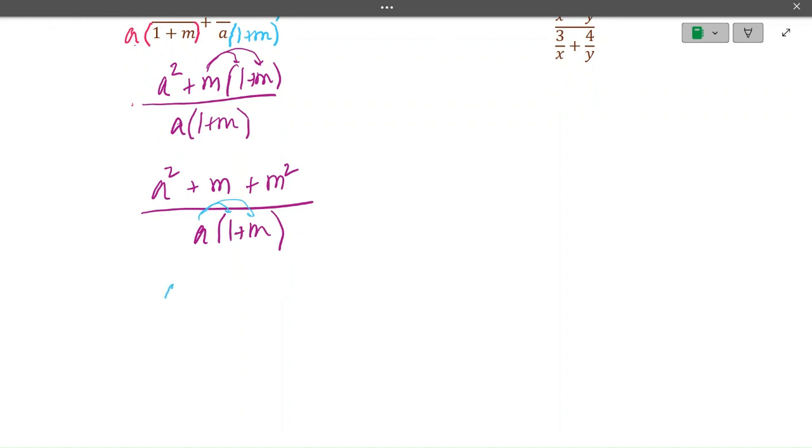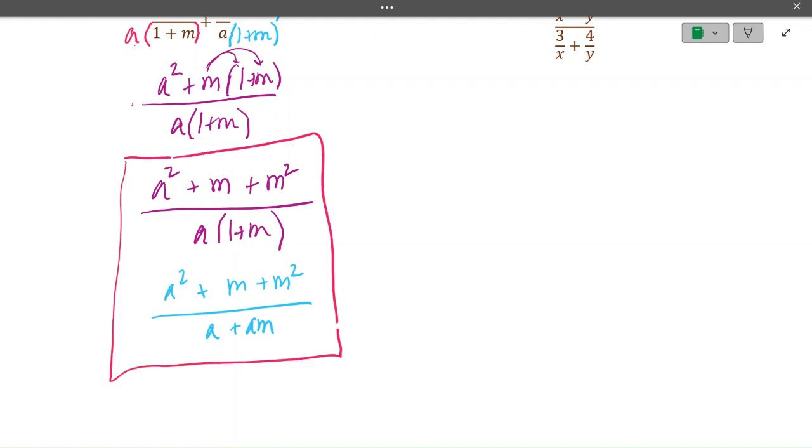So when I do that, I end up with a squared plus m squared all over a times 1 is a, times a plus m, which is am, okay? I think depending on what your teacher is asking you to do and what you're doing next with this, either one of these answers would suffice, although the bottom answer is the most simplified answer.